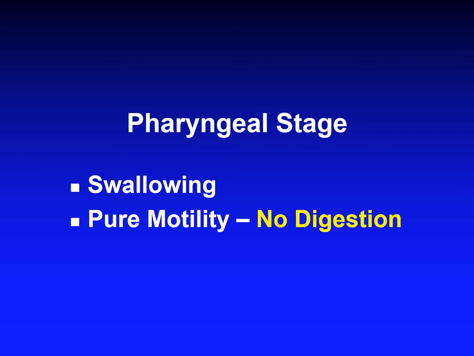Now, we see failure of this phase, both the oral and the pharyngeal stages, when we have a case that we probably all are familiar with, and that is a stroke.